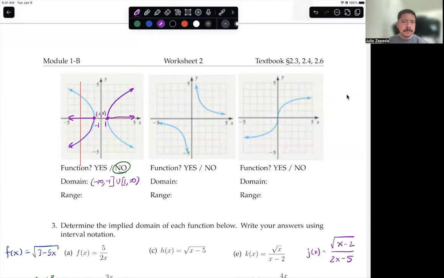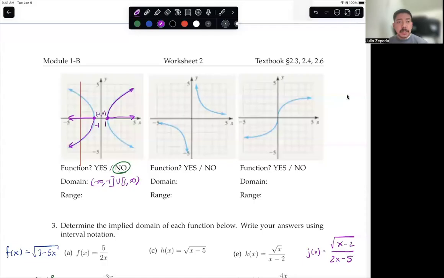The union symbol just means or. So if you're asking what are the input values, or what are the x values on this graph, well, they are either in the set from negative infinity to -1, or they reside in the set 1 to infinity. So that union symbol is needed to represent the word or.